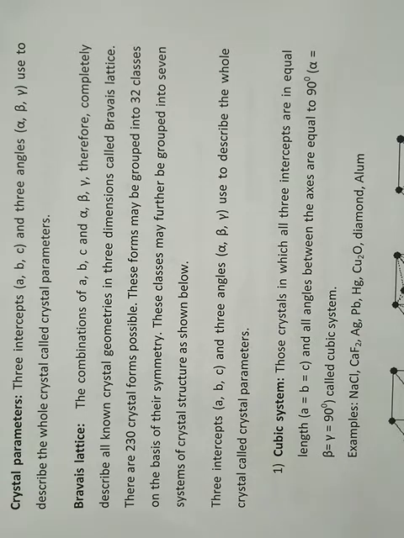Next, let us see what Bravais lattices are. The combination of the intercepts A, B, C and the angles alpha, beta, gamma, used to completely describe all the known crystal geometries in three dimensions, is called the Bravais lattice.